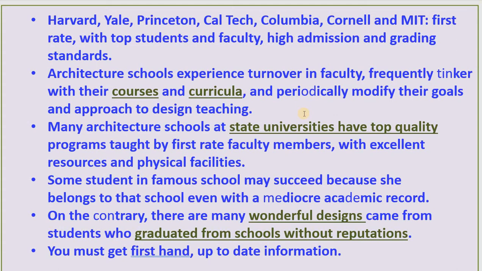A few things you need to know: some schools are very famous for design teaching, but other schools are famous for not teaching design. So a lot of architecture schools, the state universities, have top quality programs and first-rate faculty members. They have excellent resources and physical facilities.